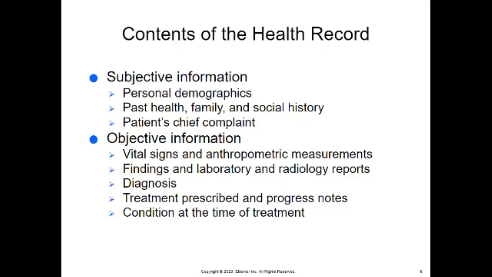Objective information is information through the provider's questions and observations made during the examination. So that is a good way to help remember. Subjective is what the patient's providing, and objective is what the doctor observes during the examination or questions that are being asked.